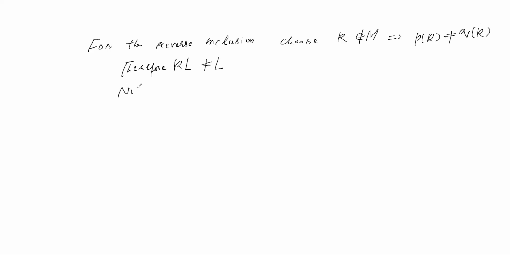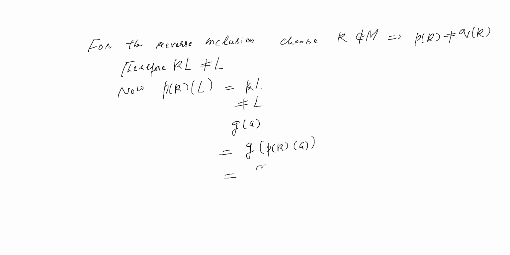Now P_K of L, which is by definition K_L, which is not equal to L. But L is G of A, and A is actually P_K of A. So it is G of P_K of A. But A is also G inverse of L. So it is G composition P_K composition G inverse of L, which is Q_K of L by definition.